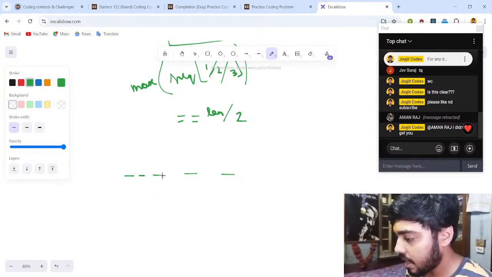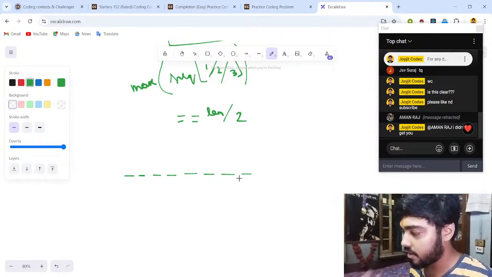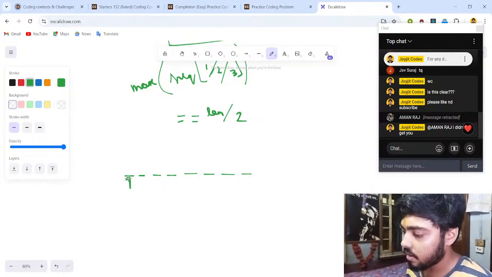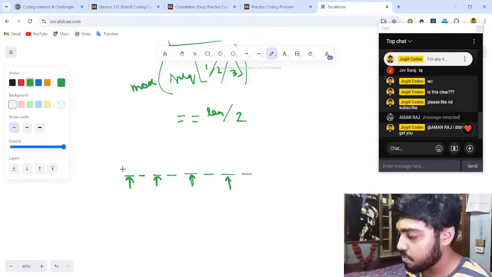So let's say there is an array of size 8: 1 2 3 4 1 2 3 4, that is 8, sorry, not 4, 8. Now if we check the odd elements, that is the first position, the third position, the fifth position and the seventh position, these positions are fixed.